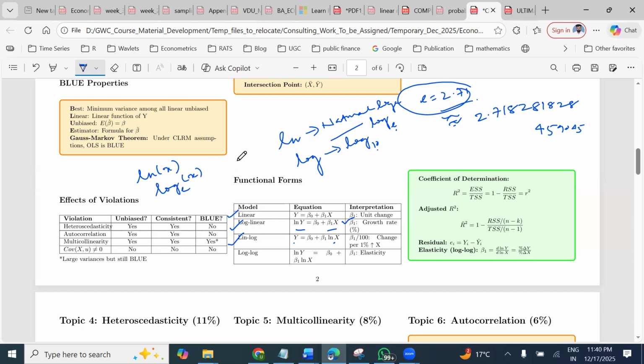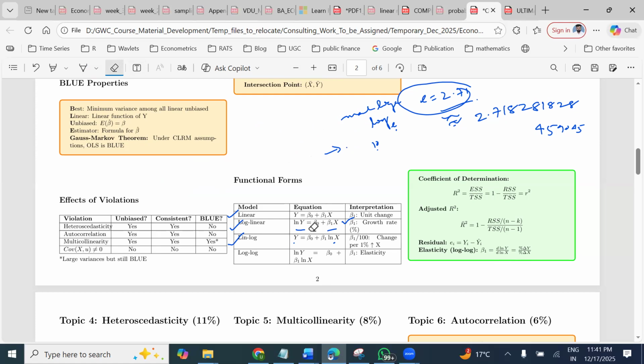Similarly, the common logarithm is log base 10 of x. It is called common logarithm because this function uses a base of 10. Clear? I hope this is clear, because it is going to be used later on in many places.